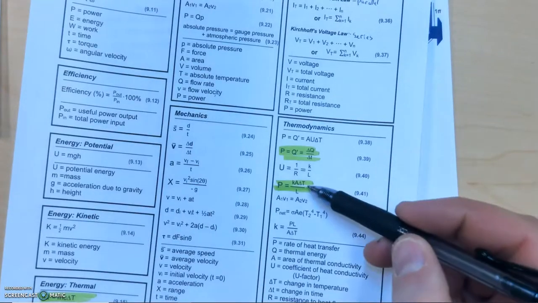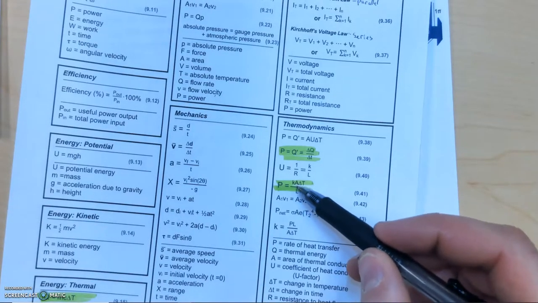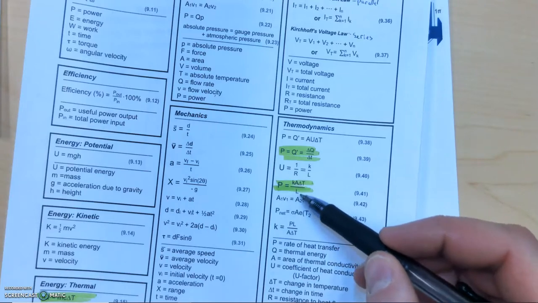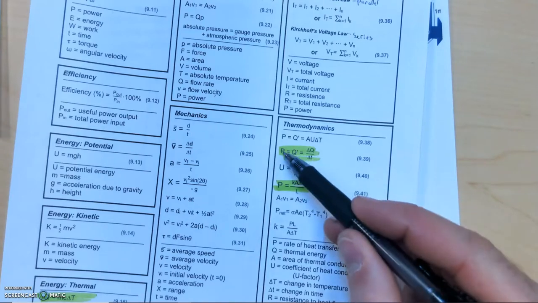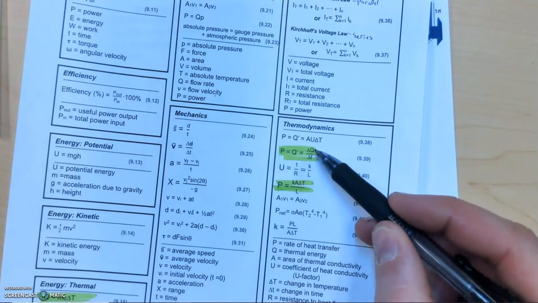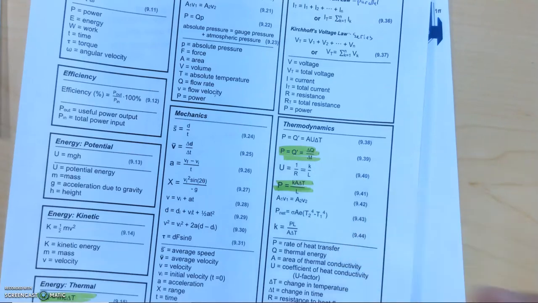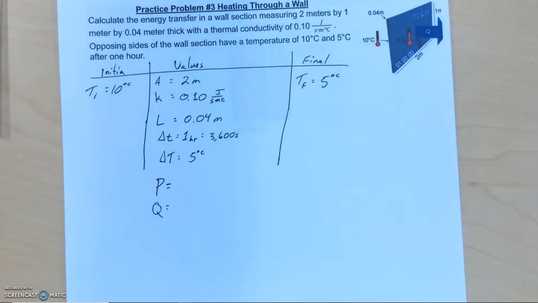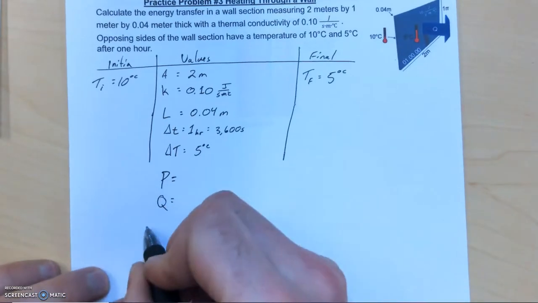Let's look at our documents here. We're going to be using this formula. We have our area, our constant, time, thickness, and then up here we have what P is equal to, energy transfer over time. So we're going to be using those two formulas. Let's write those down.